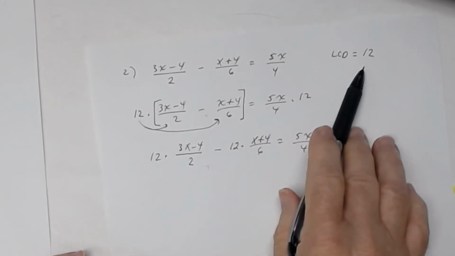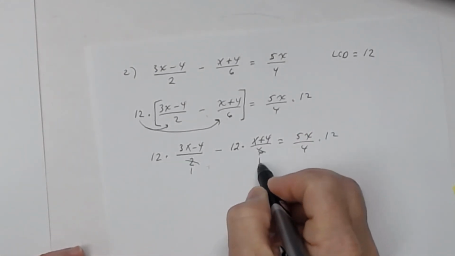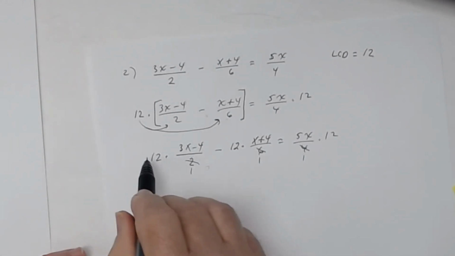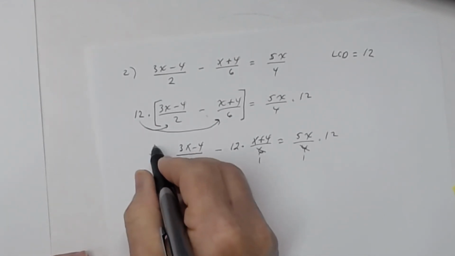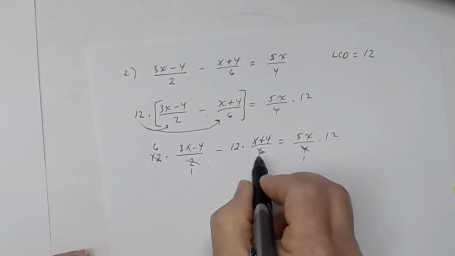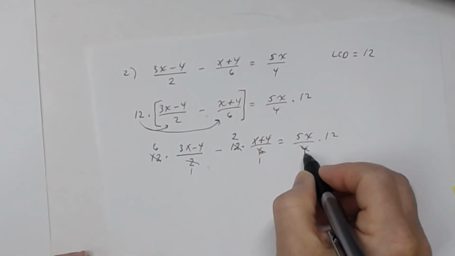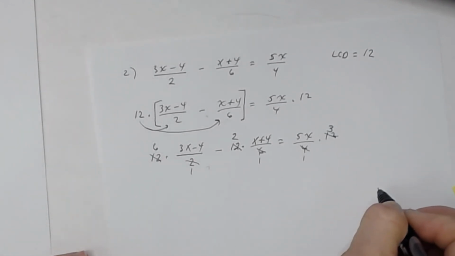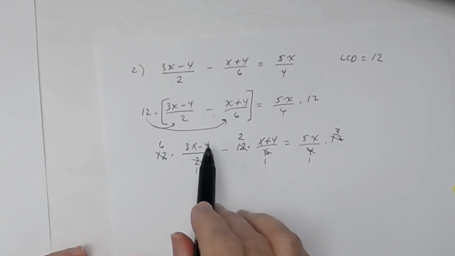Remember, the whole point of multiplying by the least common denominator is to get all of these denominators to be factors of 1. And now I can, because 2 divided into the LCD is 6, 6 divided into the LCD is 2, and 4 divided into the LCD is 3. At this point, you have to be careful because some students get confused here.